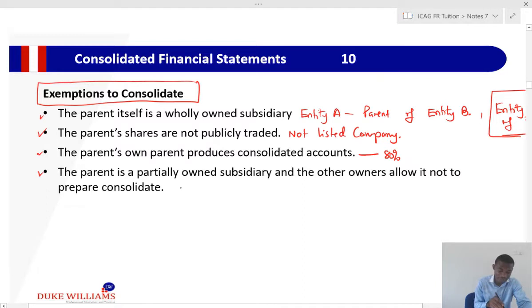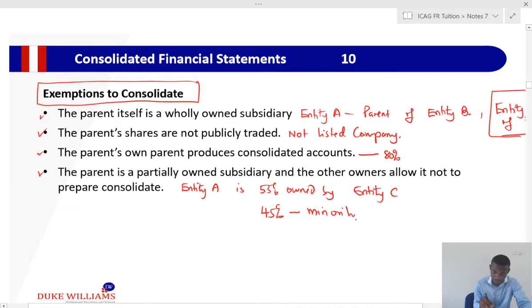What it means is that entity A is, let's say, 55% owned by entity C, and because it is 55% owned by entity C, the remaining 45%, which are the minority, we call them minority owners.